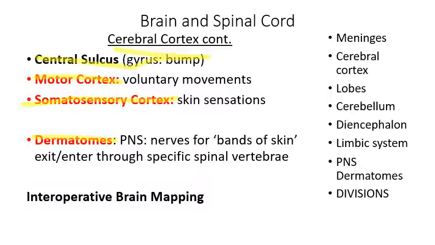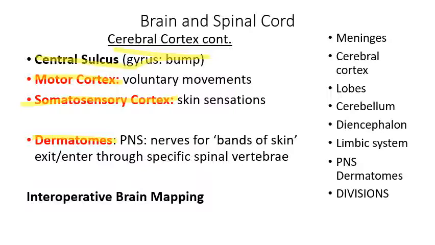The nerves underneath those bands of skin enter the spine through a particular vertebra. Each dermatome is named after the particular vertebra that the nerves go into before they start heading upwards towards the brain. So those are called dermatomes.